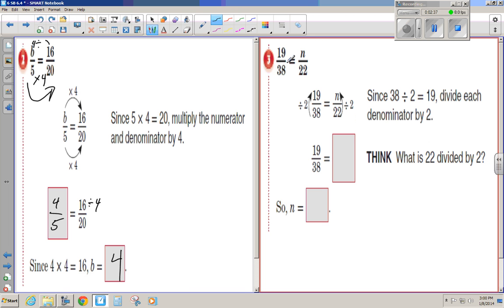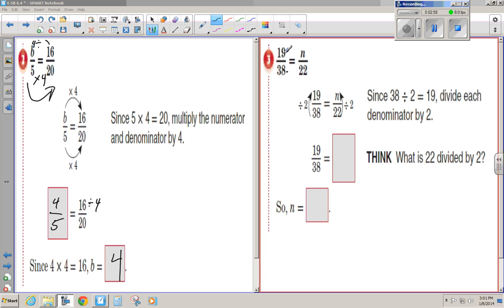All right, this one is a little bit tougher, and this is the reason. Because you can't easily get 38 to 22. You can't easily get 22 to 38.